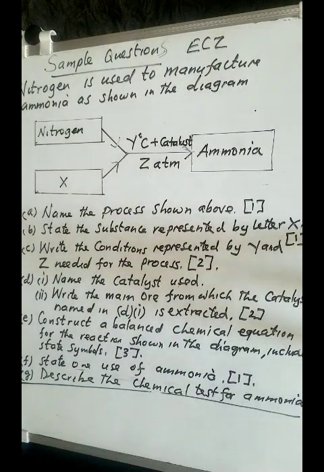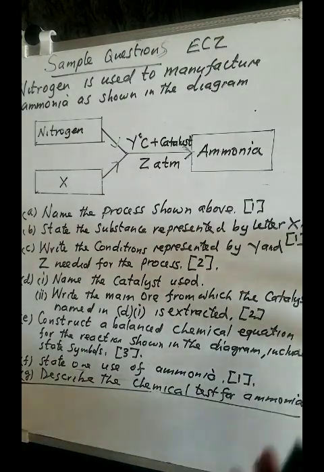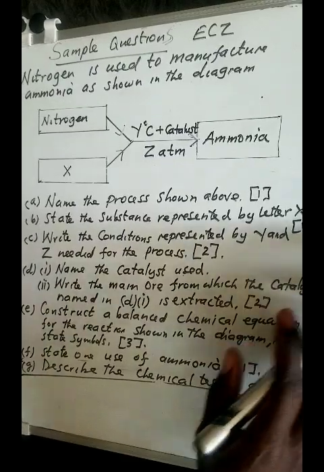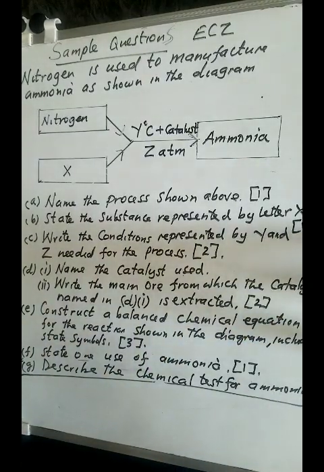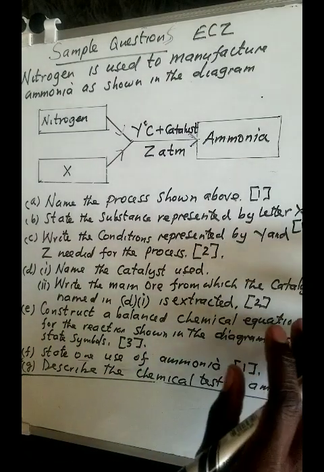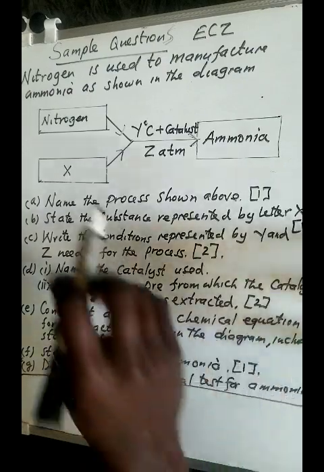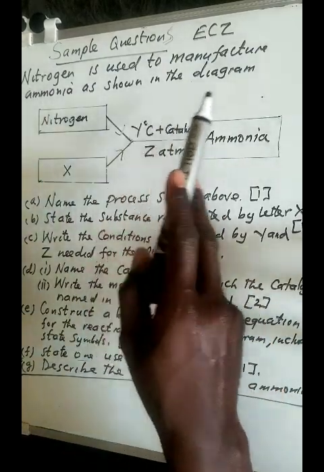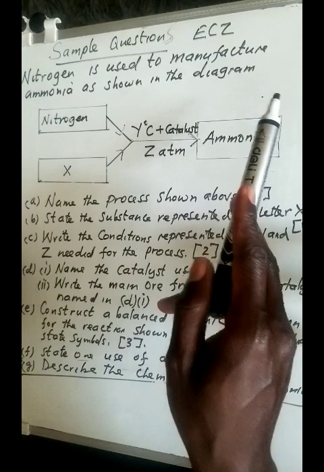So welcome to my chemistry videos as we look at some sample questions on the Haber process, that is the industrial preparation of ammonia. The question says that nitrogen is used to manufacture ammonia as shown in the diagram.